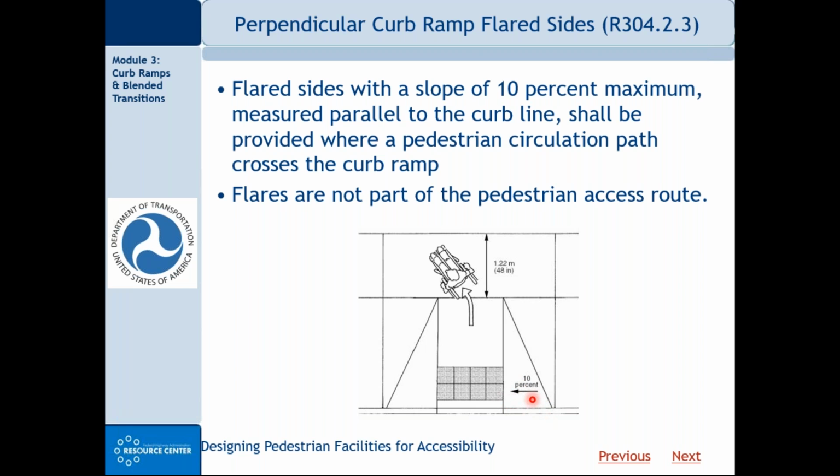Well, it's an issue because these flares are here for the safety of able-bodied pedestrians. And if those flares are too steep, there's a good possibility of an able-bodied pedestrian tripping and falling, or when those get snow-covered in northern climates, obviously a steeply sloped flare like that covered with ice or snow can be extremely dangerous. So the reason for that flare requirement is not so much accessibility, it's really for the safety of able-bodied users.